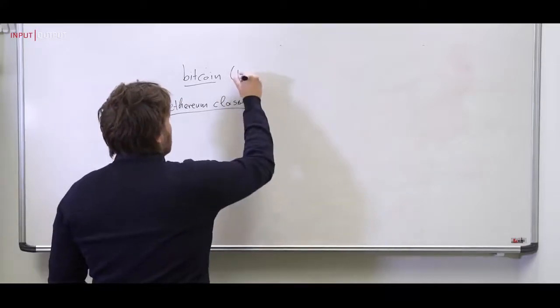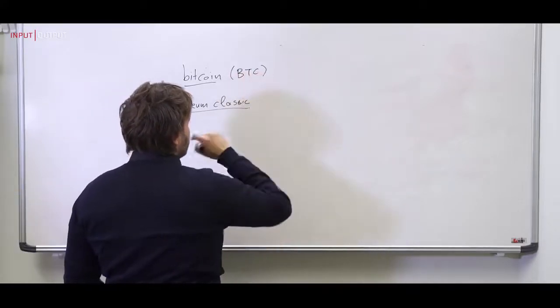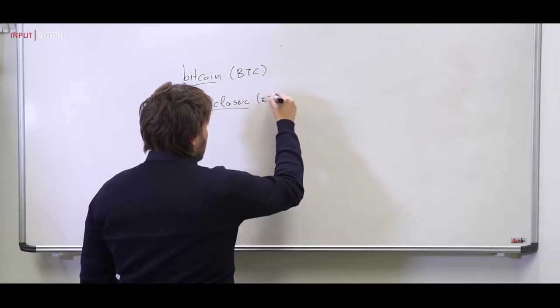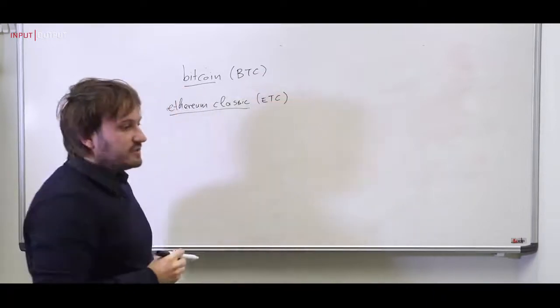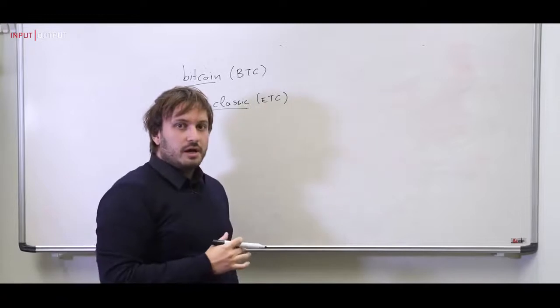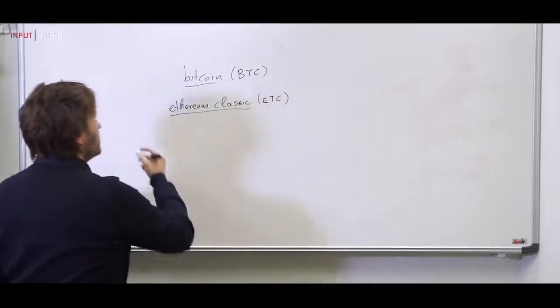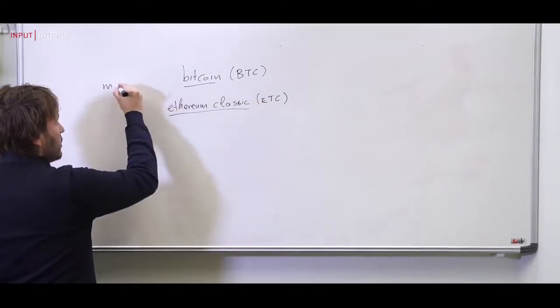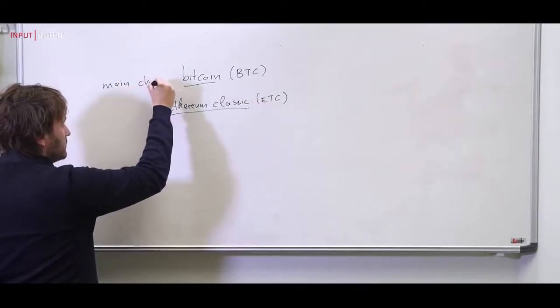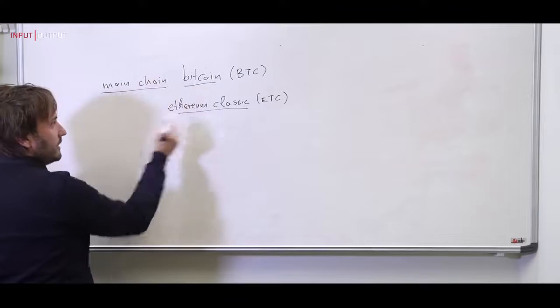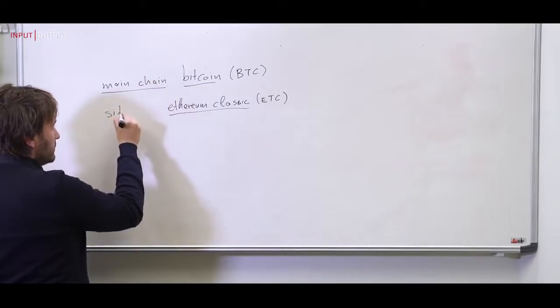In these chains, we have a main chain and we also have a side chain. So let's imagine that this is our main chain and this is our side chain.